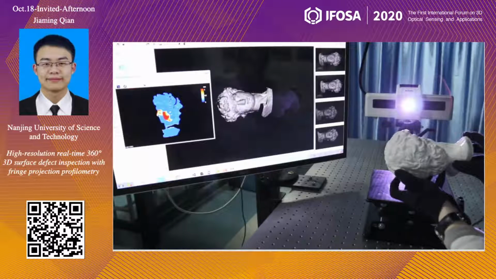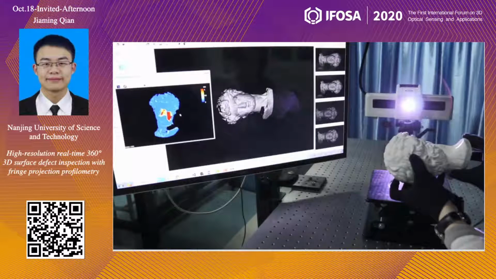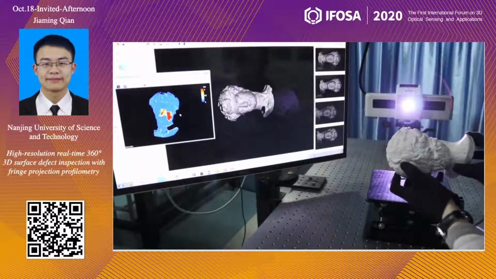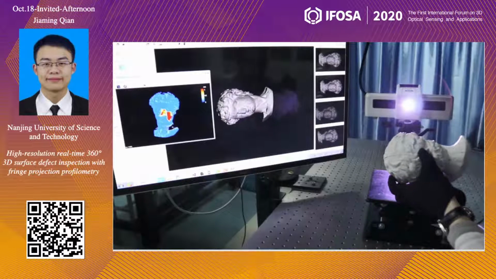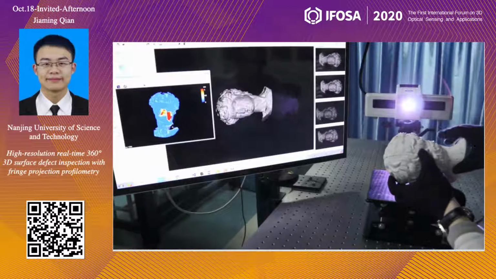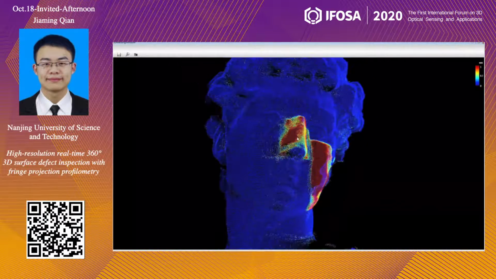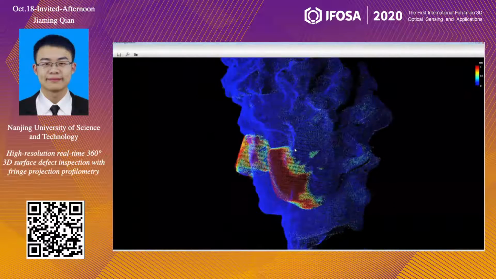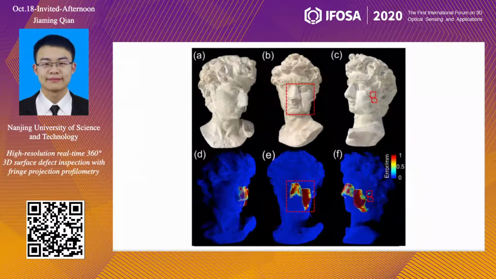The time for single registration and inspection is about 2 seconds and 1 second. Here shows the final inspection results of our method, from which we can see that the regions with defects are well detected.